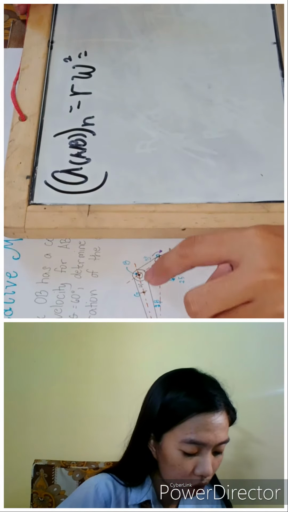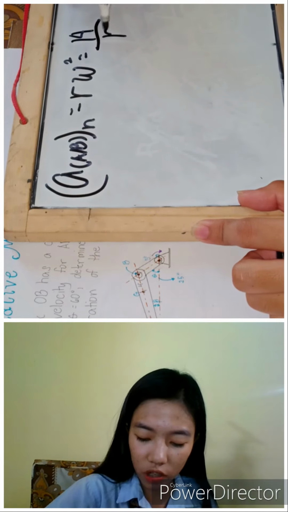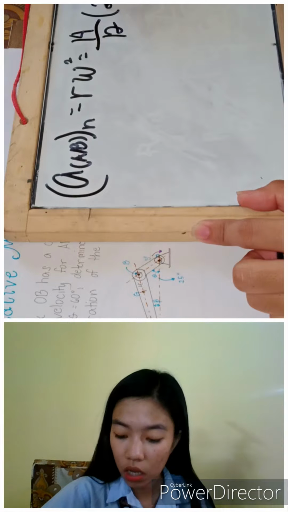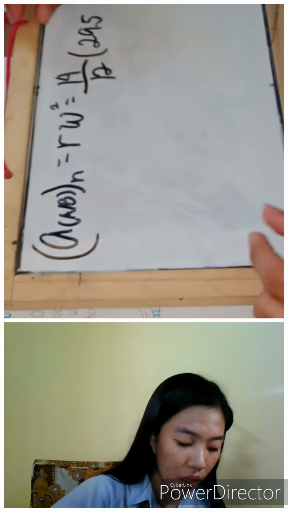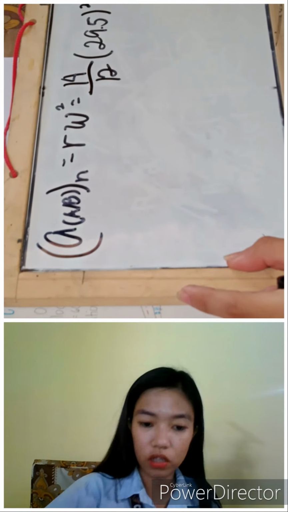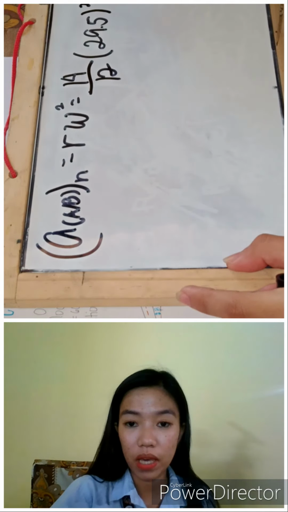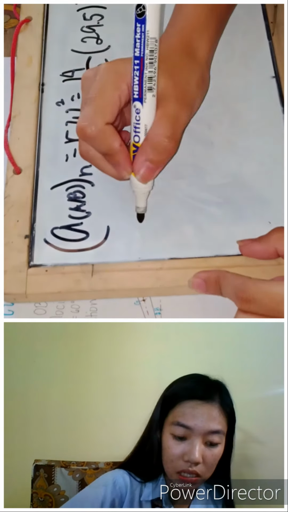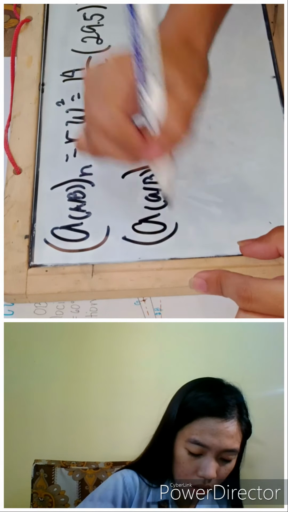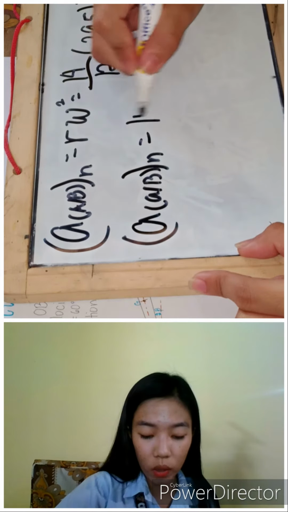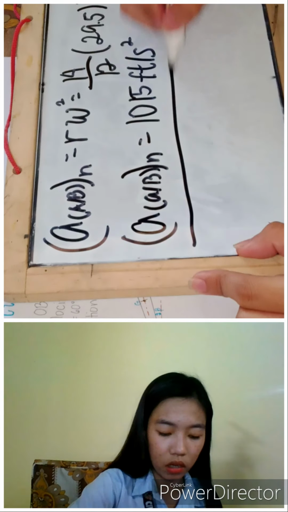If you look at the figure, here it is, 10 inches plus 4 is equal to 14 inches, converted into feet, times 29.5, which is given in the problem, squared. So, the value of our acceleration of A and B normal is equal to 1,015 feet per second squared.